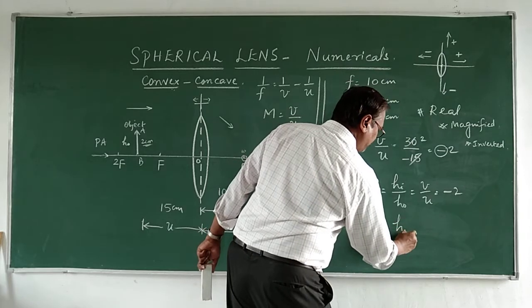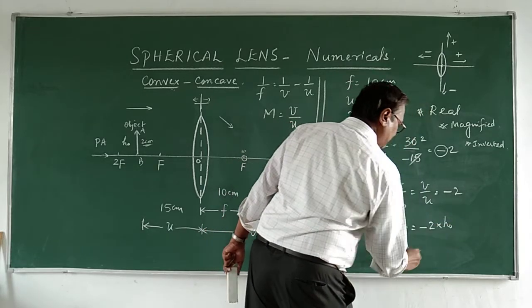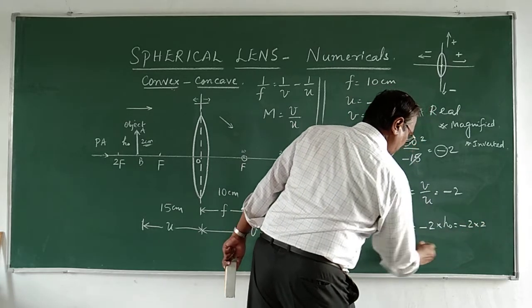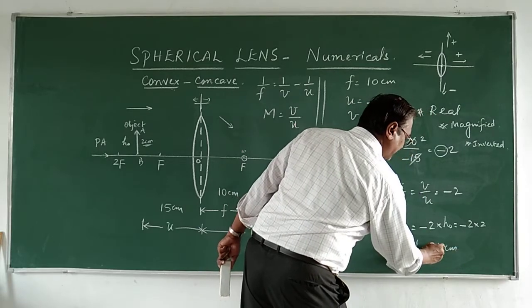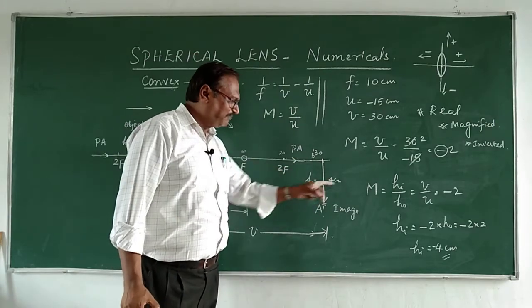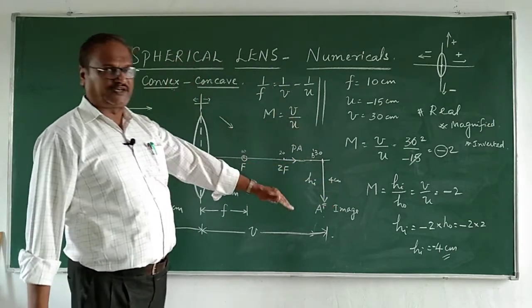So height of the image will be equal to minus 2 into height of the object, and we have taken the height of the object to be 2 centimeter. So the height of the image is equal to 4 centimeter, but there is a negative sign. Again, you know it is magnified, but there is a negative sign because it is inverted.